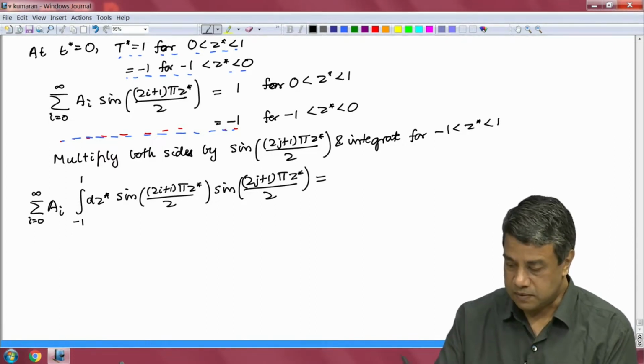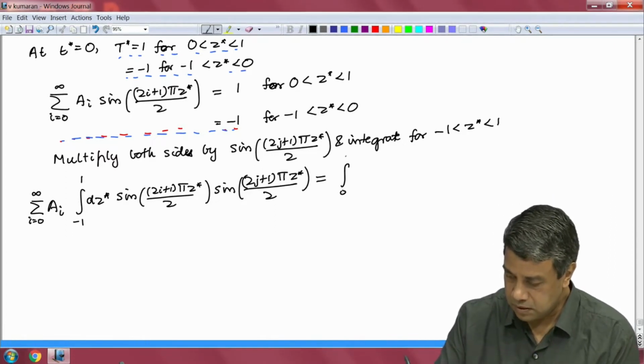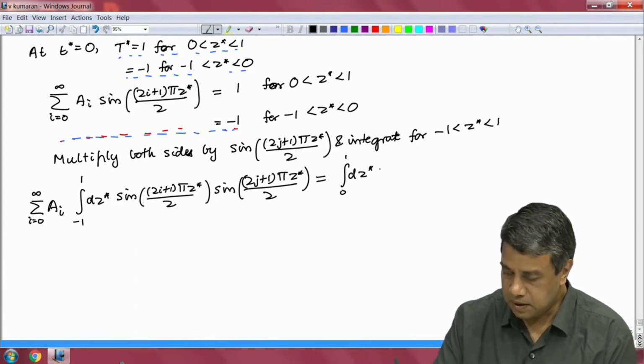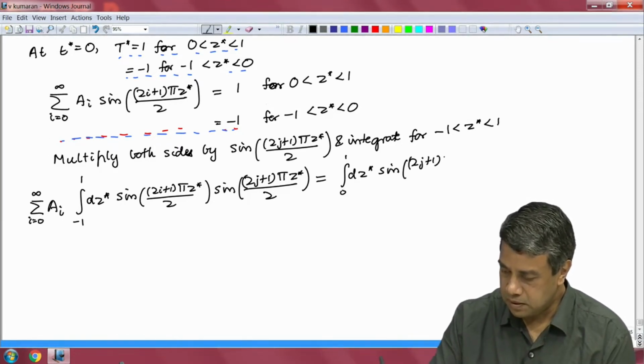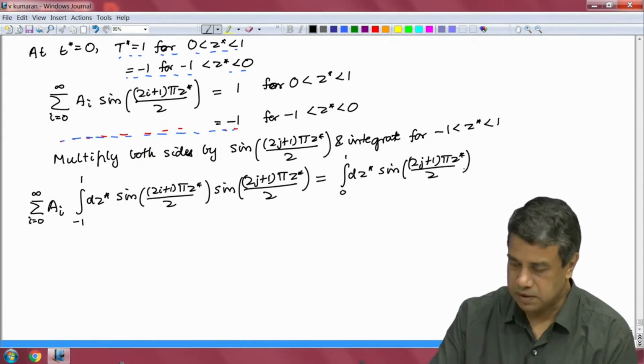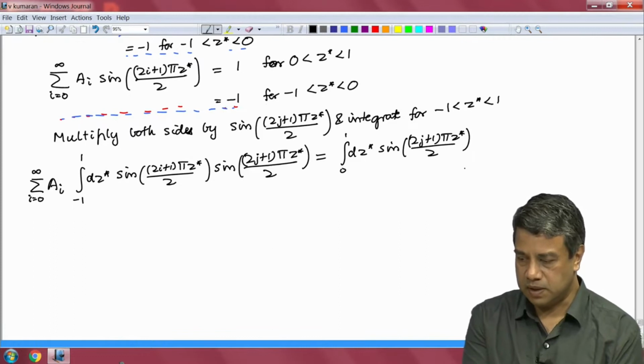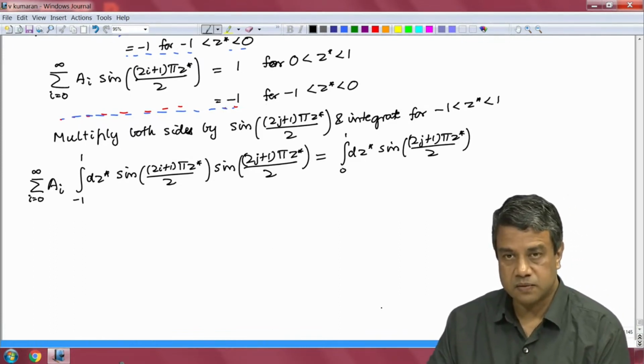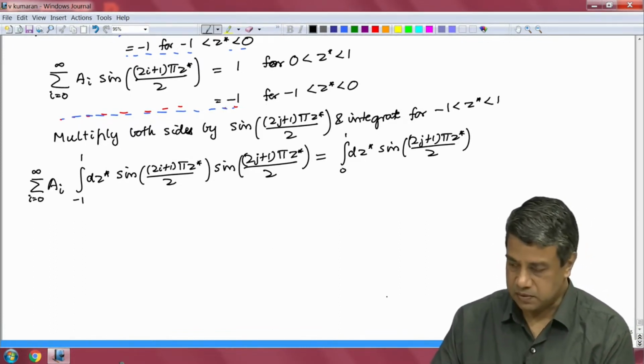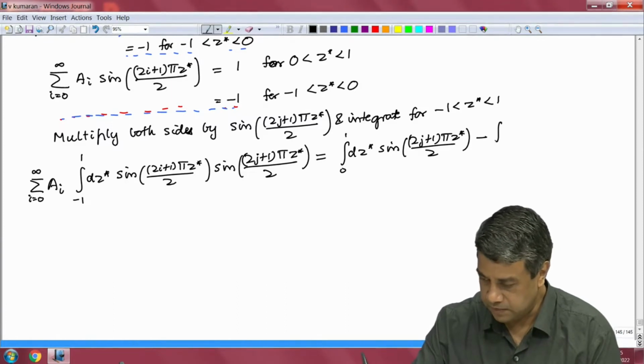So, from 0 to 1, I have to multiply 1 by sine of (2j plus 1) pi z by 2, and from minus 1 to 0 I have to multiply it by minus 1, so I get a minus sign here.